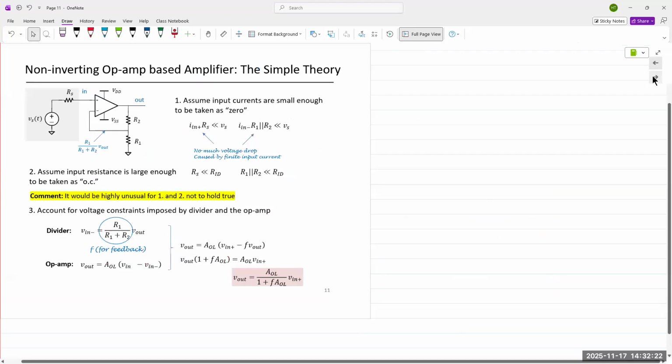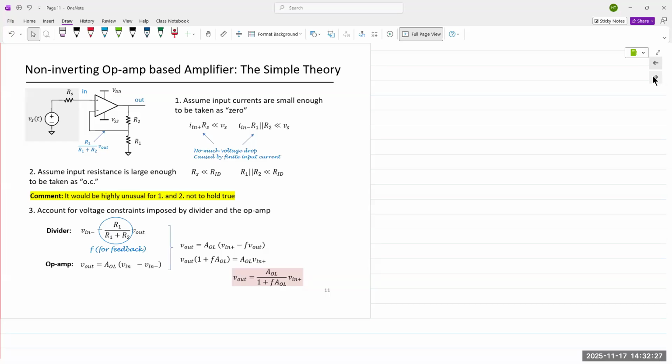Let's take a quick look at the derivation. An ideal op-amp has the property that the input resistance is very large. The input resistance is defined as the resistance between these two terminals internal to the op-amp. Because of that high internal resistance, very little current actually goes into the op-amp from our AC sources, from the input terminals.